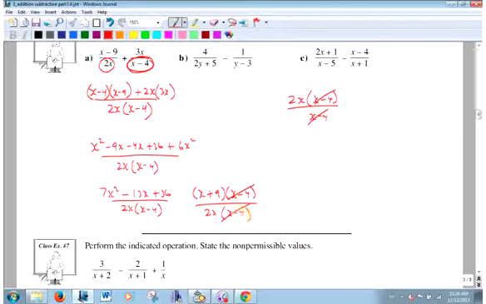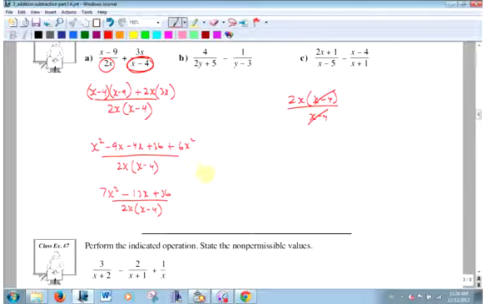You would look for that. If I multiply this out, am I going to see that x minus 4 term to cancel? No. It doesn't work.